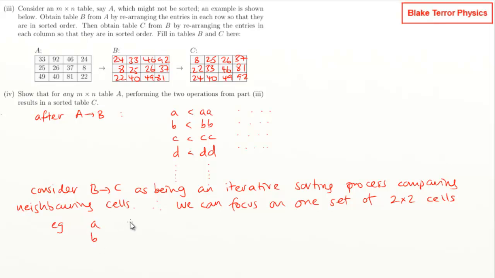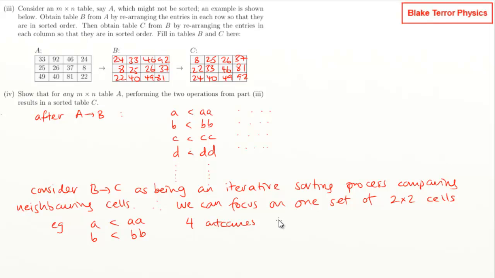So what we're doing is we're taking something like, e.g., A, B, A, B, B. So let's say we were going to sort that little bit, because we can do this over and over again when we're actually doing the step from B to C. It's still going to be sorting them high to low. It's still going to work out fine. So we can say we've got 4 outcomes.